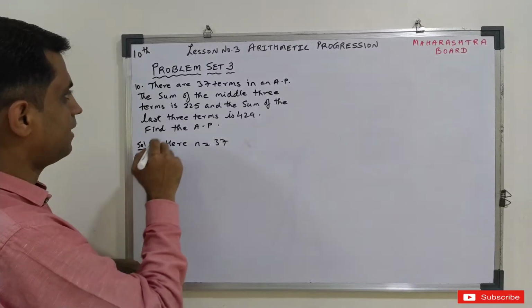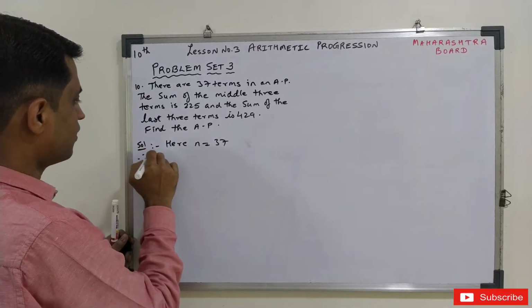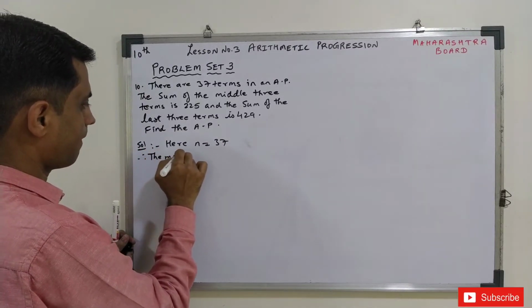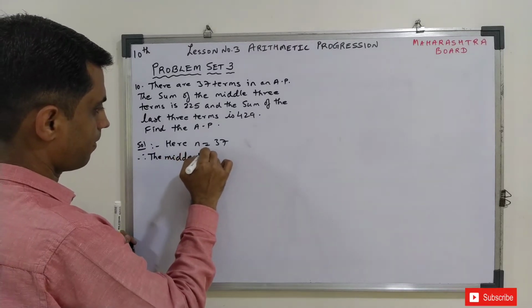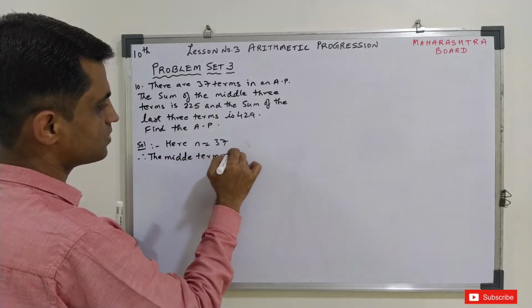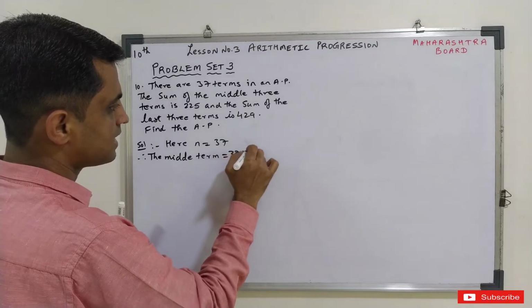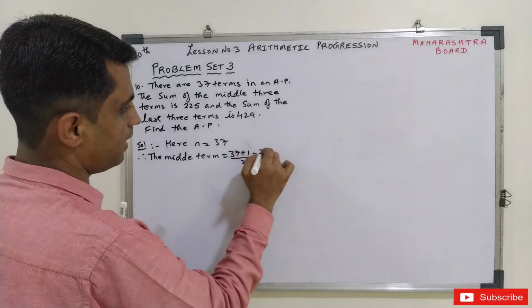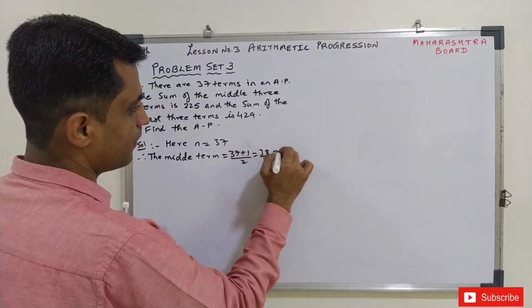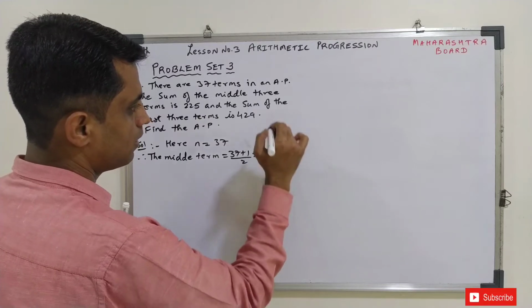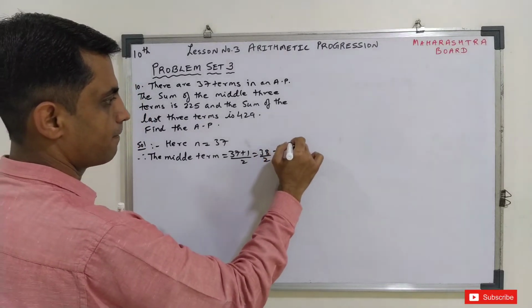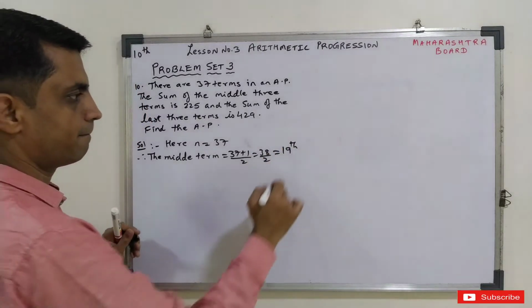Now here we will write, therefore the middle term is what? 37 plus 1 upon 2. It means 38 upon 2, 19. 19th term.